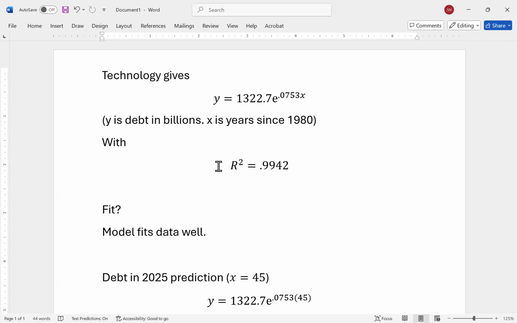I'll have a video for each, the Excel exponential regression and the exponential regression via the TI-84 calculator. This is the one on the screen that was coming from Excel. You'll get the same one either way, but there we go.